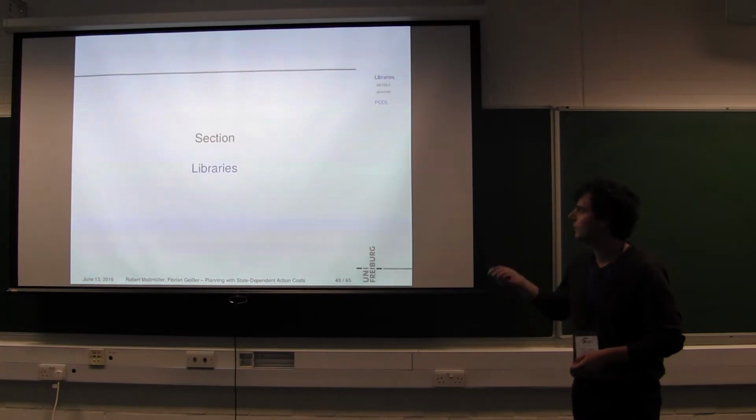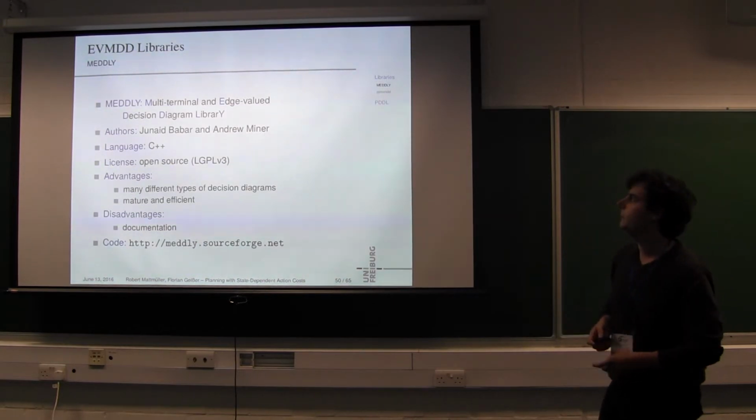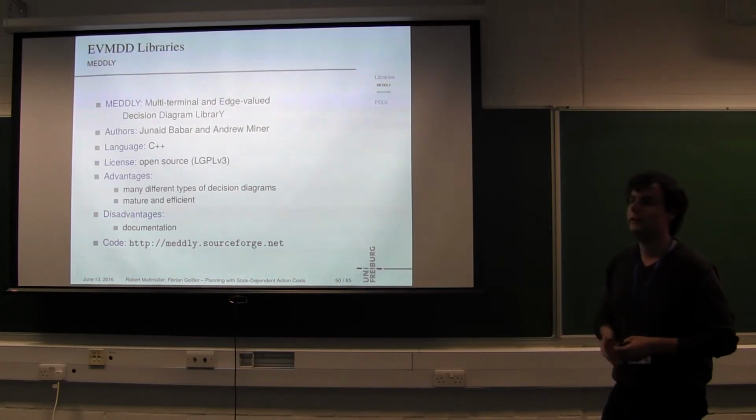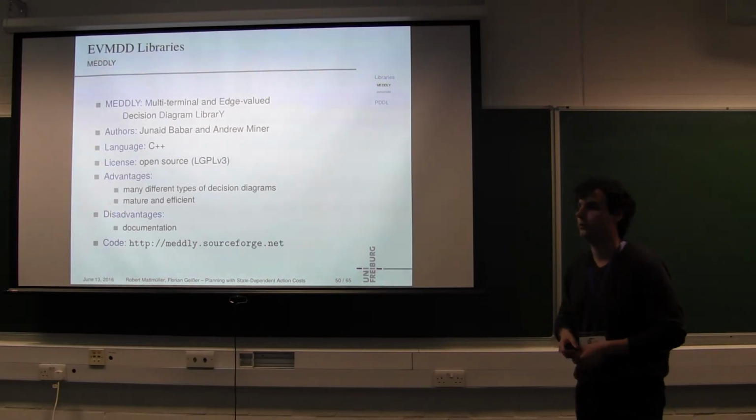So, first libraries. The first library I want to talk about is called Mattmüller, which stands for Multi-Terminal and Edge-Valued Decision Diagram Library. It's written by Junaid Babar and Andrew Minor in C++. It's open source. And actually, it's not only for EVMDDs, but also for a bunch of other types of decision diagrams. So maybe we have some need for that.